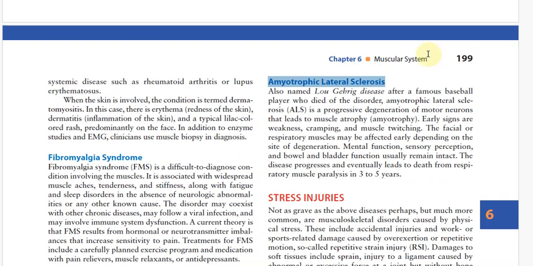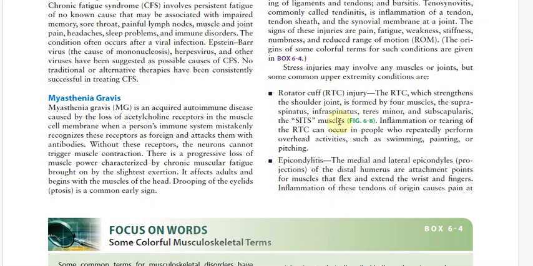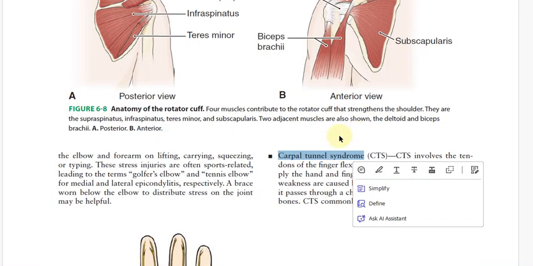Next, you have amyotrophic lateral sclerosis, which is a progressive degeneration of motor neurons that leads to muscle atrophy. Here also read this section, rotator cuff injury, and I need to move to the next page.